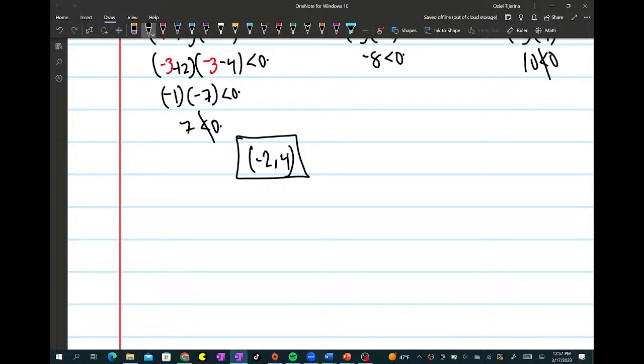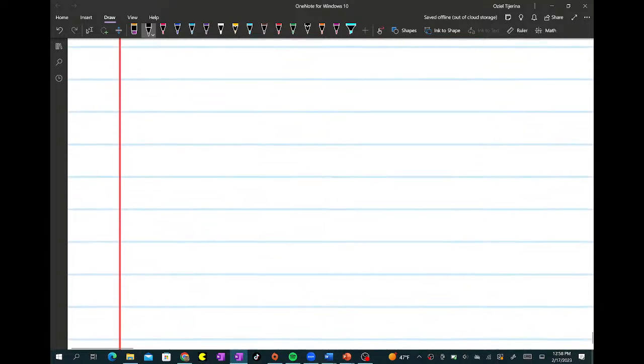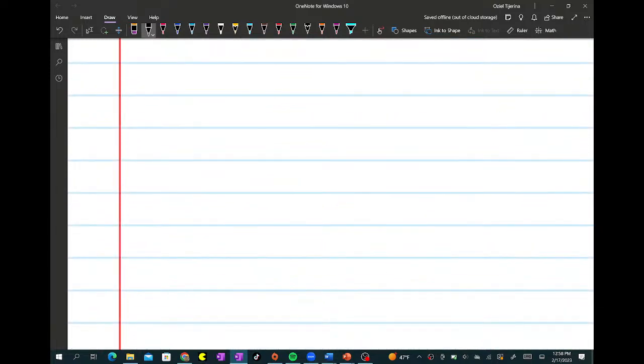Now, of course, there are some polynomial inequalities. Let's do another one where it is a cubic inequality. Let me just write this down.